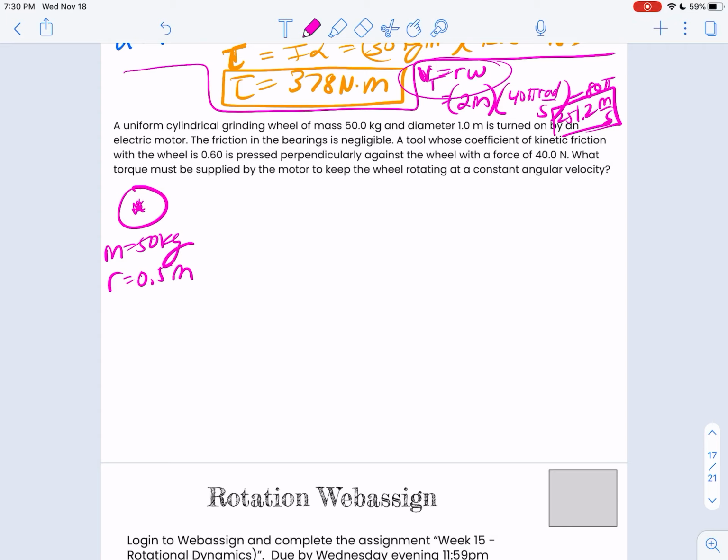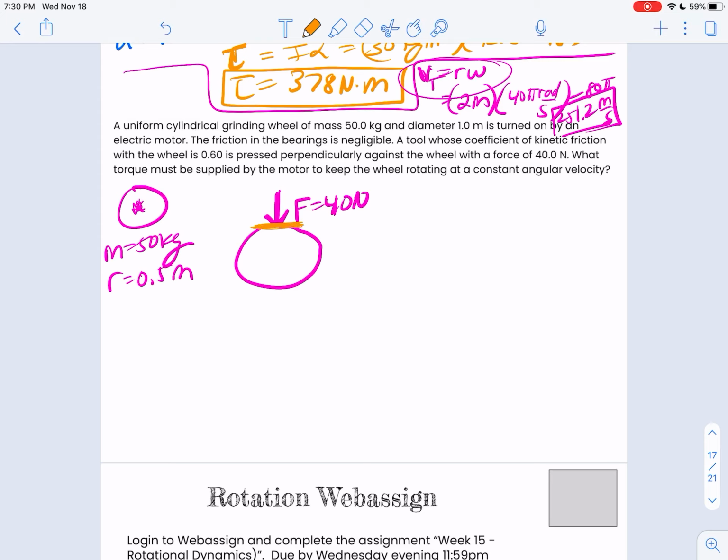A tool whose coefficient of kinetic friction with the wheel is 0.6 is pressed perpendicularly against the wheel with a force of 40. If you want to think of it like this, I'm pressing down with this force, and that's going to make a friction force right here.